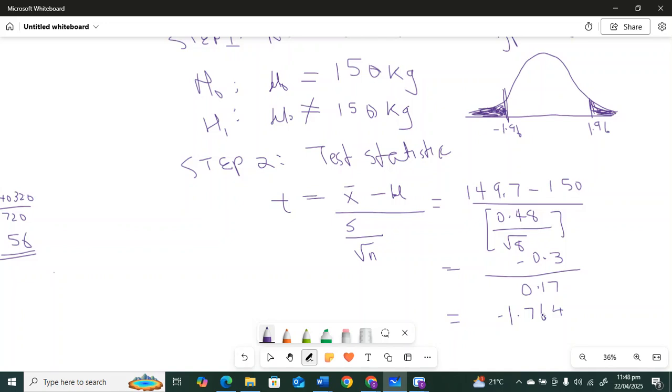So this negative 1.764, we're going to bring it here. Is it greater than negative 1.96 or is it lower? So it will come somewhere here, right?